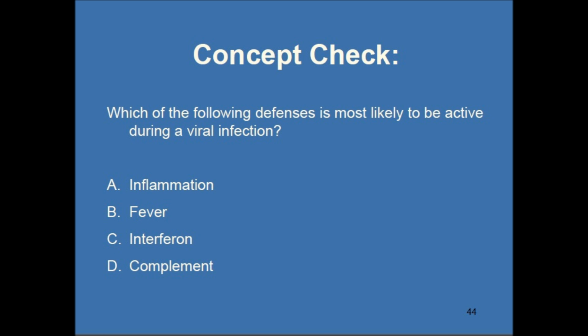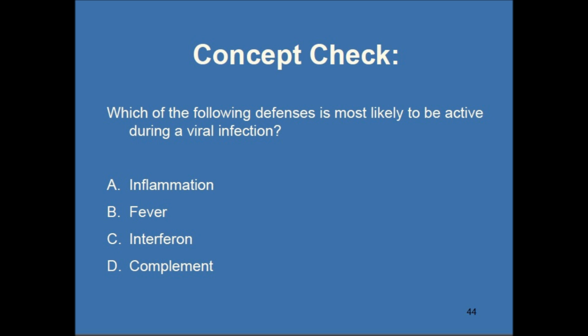Yeah, I would probably say C. As far as what we've done so far, inflammation is coming from an injury, and then you have fever, which is part of it, but the most likely to be active would probably be the interferon. If you have a virus infection, it creates the synthesis of interferon.